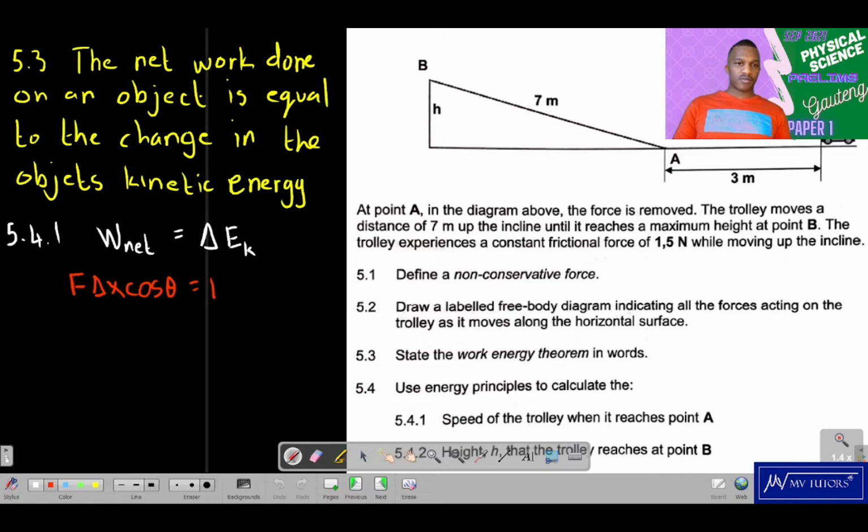It is energy kinetic final minus energy kinetic initial, and remember we had half mv squared, so it's going to be half mv final squared minus half mv initial squared. Okay, let me rewrite this one nicely over here, change in x, and then we have cos theta. That's the angle we're dealing with.